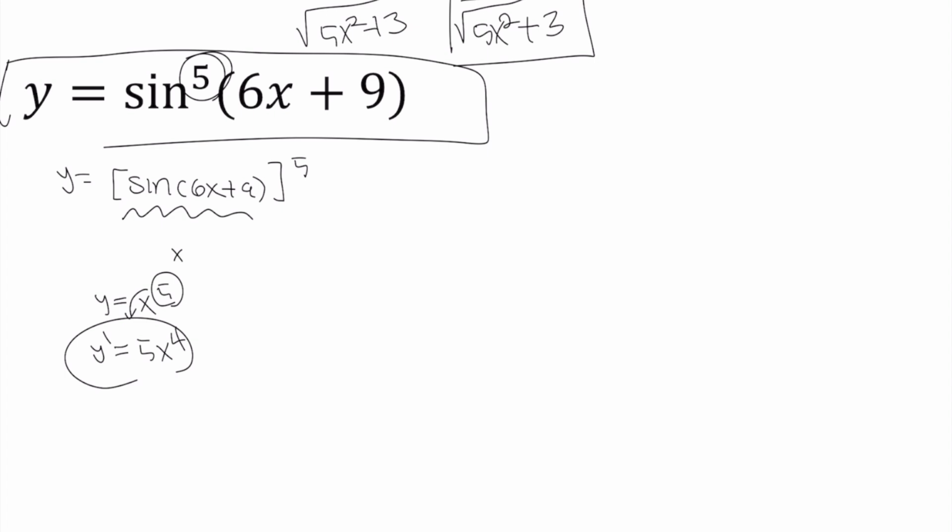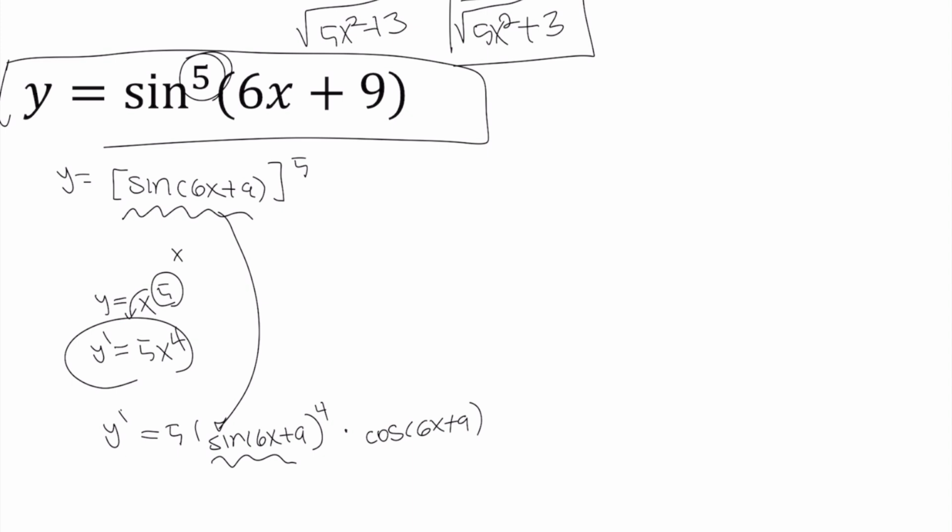So instead of x, we're going to put y prime equals 5 times sine 6x plus 9 to the power of 4. But since we have the inside function here, we need to take the chain rule. The derivative of sine 6x plus 9 is cosine 6x plus 9.